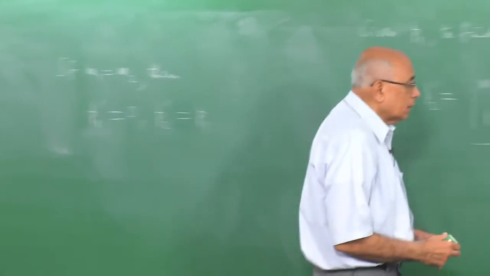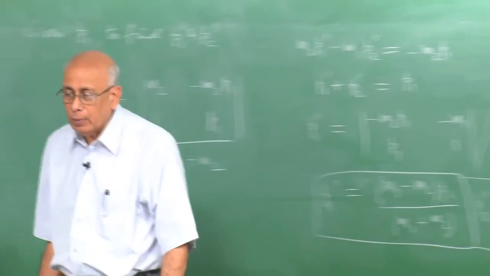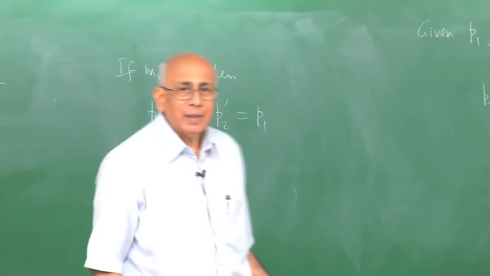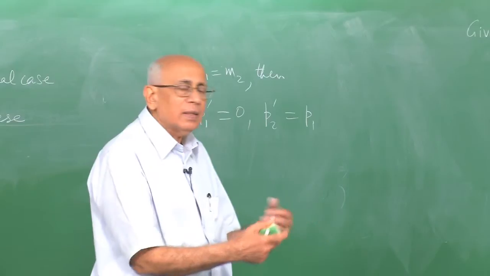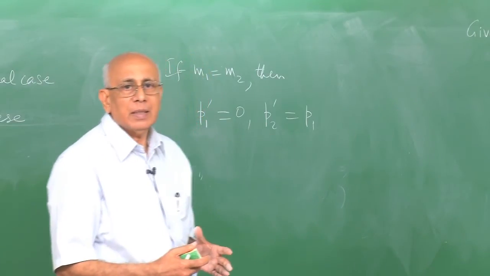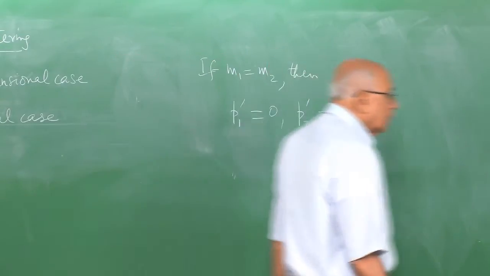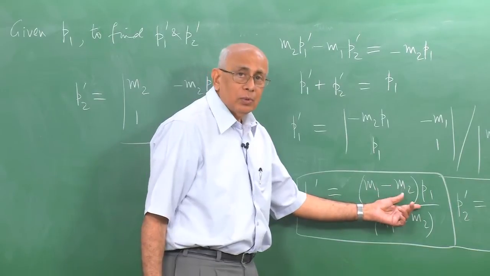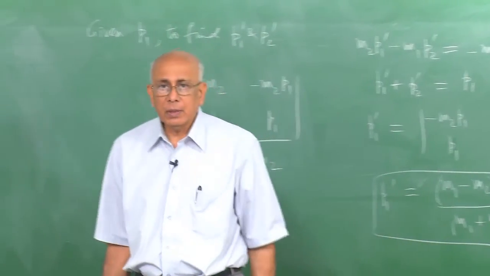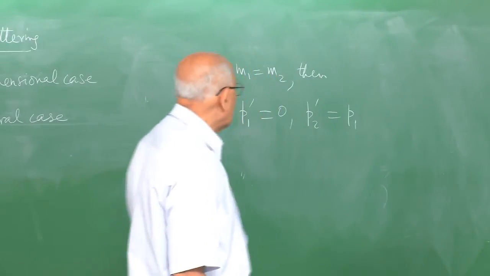In other words, the numerator and denominator cancel out and you get just P1. So there's an exchange of momentum. The projectile's momentum is transferred completely to the target, and the target moves along and the projectile remains at rest. That's what you expect for equal masses. And as I said earlier, if m1 is less than m2, then there is a recoil backwards of the projectile while the target moves a little bit in the forward direction.